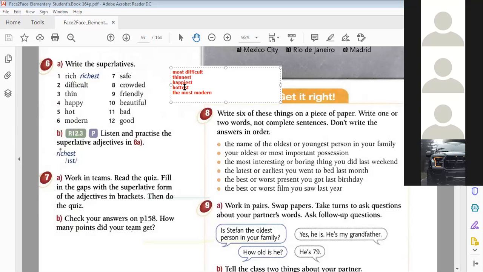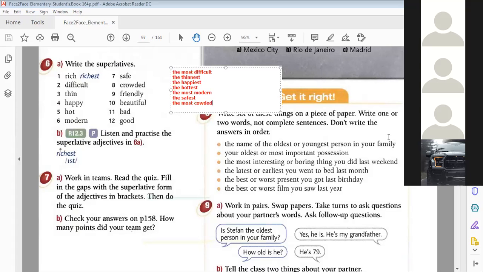What about number 7, Abdullah? Safe. Safest. Correct. Yes. Safest. The safest. We should use the safest. And number 8, Abdullah? The most crowded. Yeah, the most crowded.